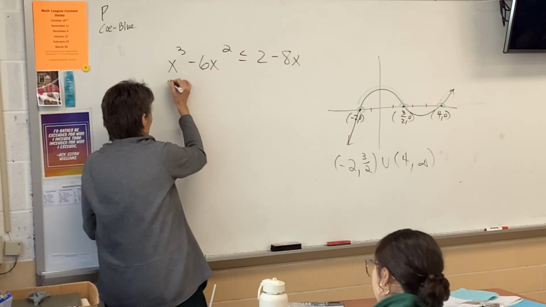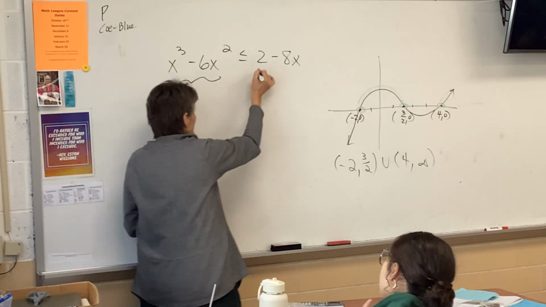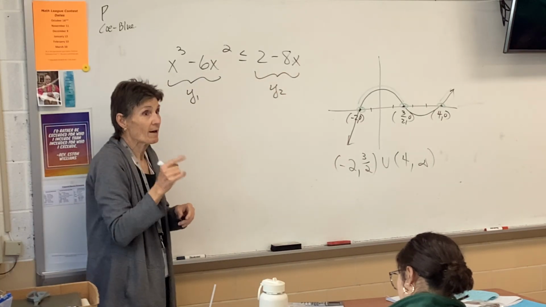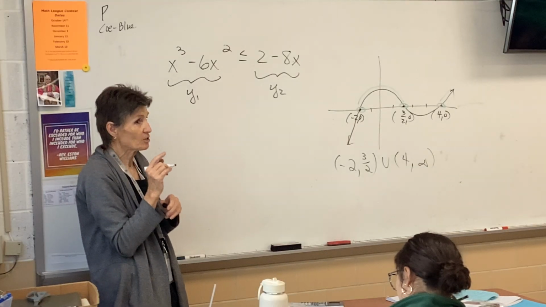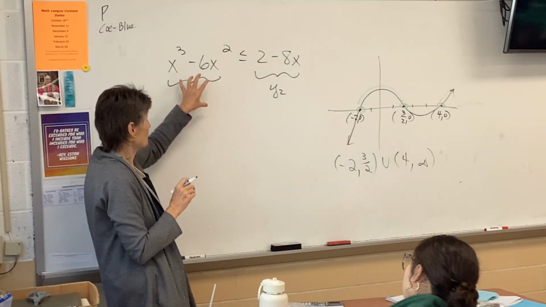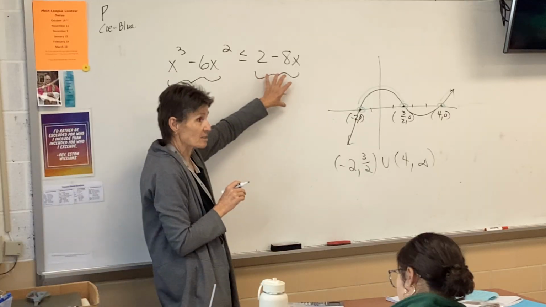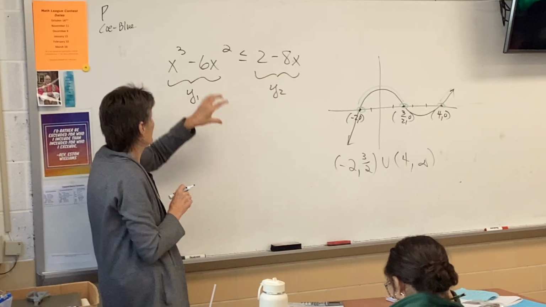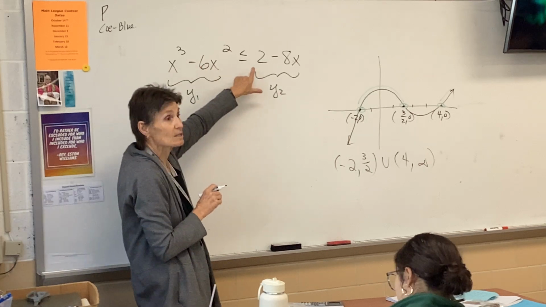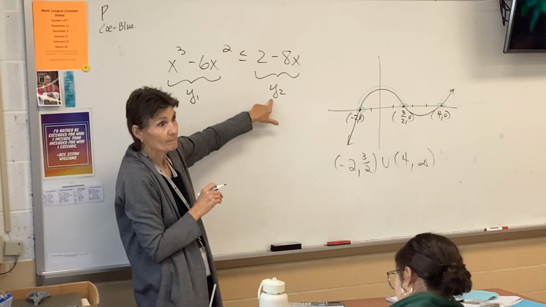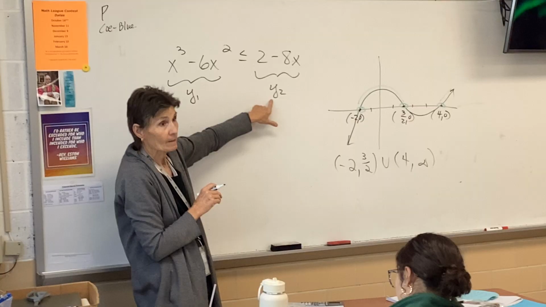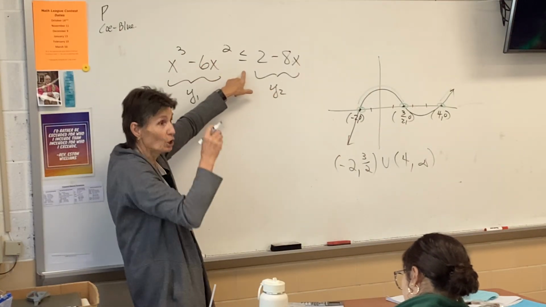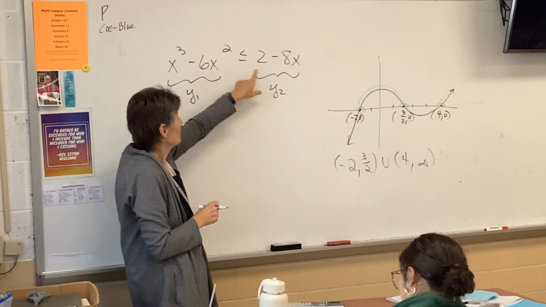Could this be like y1 and this be y2? And those of you that have the calculators with the color, this is gonna be real easy for you, because if this is red and this is blue, then you are gonna be looking for where the red curve is below the blue curve. So that would be one strategy. You want this guy to be lower than this guy.